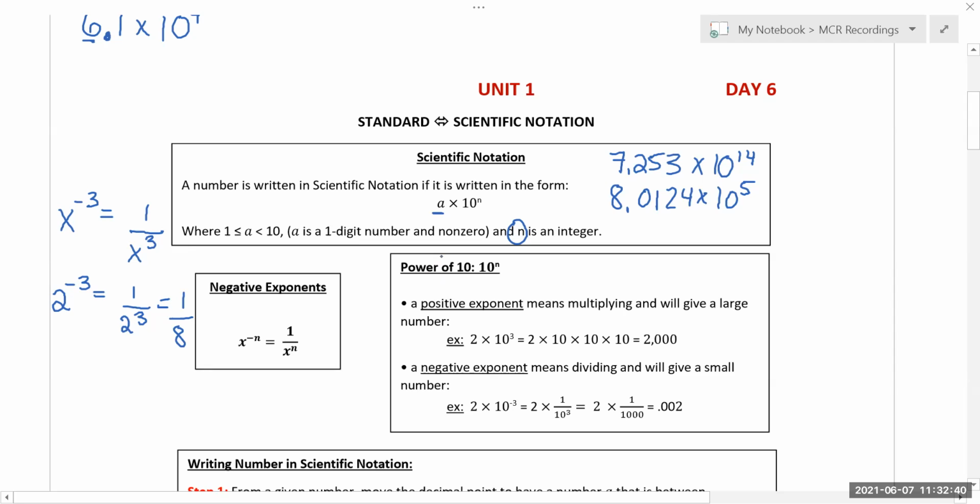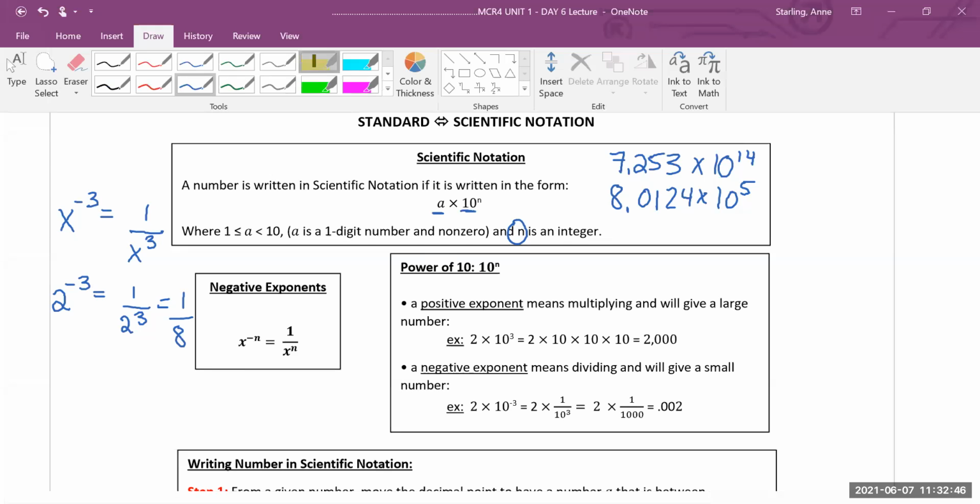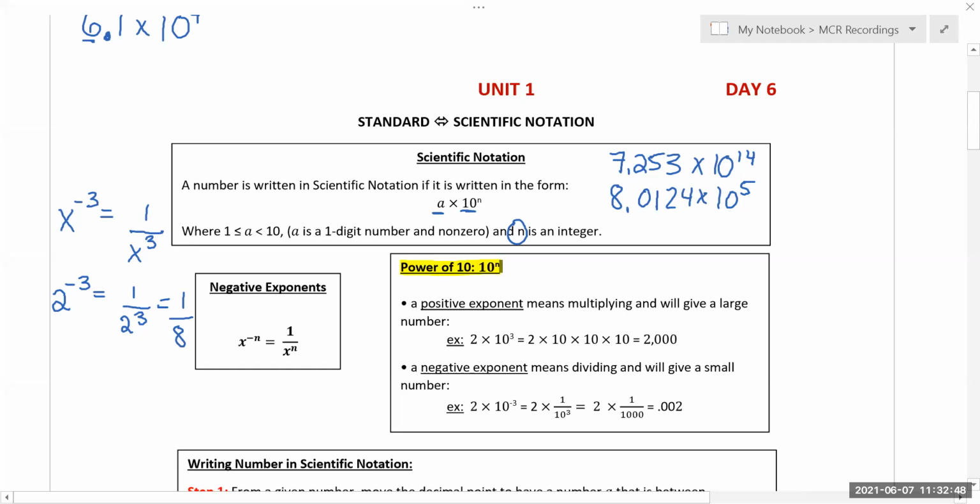So when we're working on these powers of 10, the piece right here, you can either have a positive exponent, which means you're multiplying by powers of 10, giving you a larger number, or you can have a negative exponent, which essentially means you're dividing. So you're going to get a smaller number.